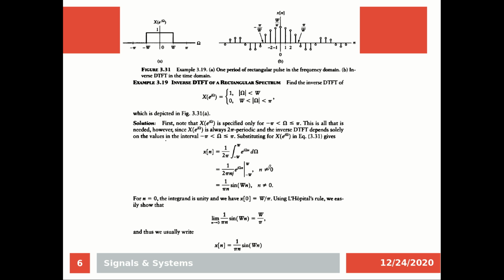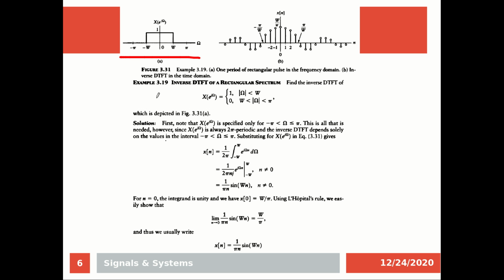Now let's see the inverse. We have in the book this example where he gives you this equation and asks you to find the inverse discrete time Fourier transform. The equation is 1 for omega from minus W to W, and 0 otherwise.